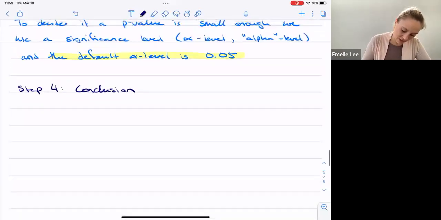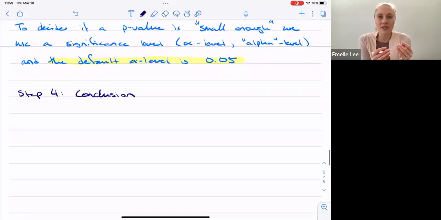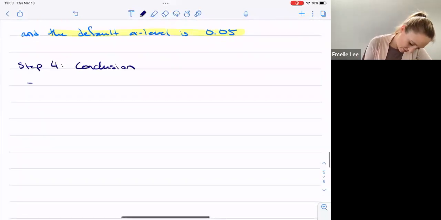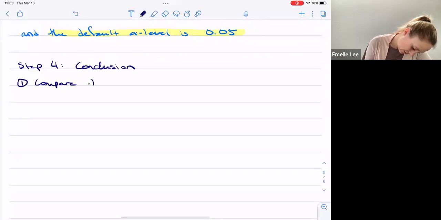So the first thing you're going to do is compare the p-value to the alpha level.